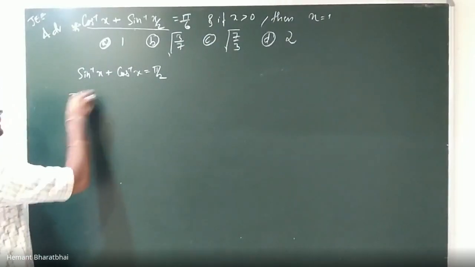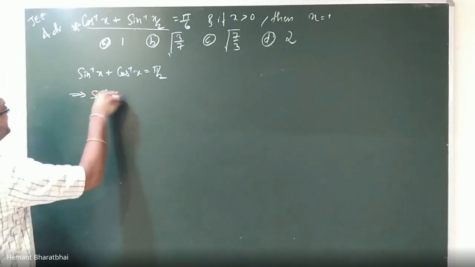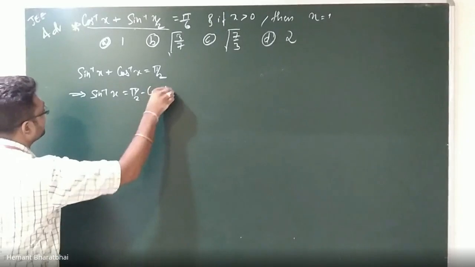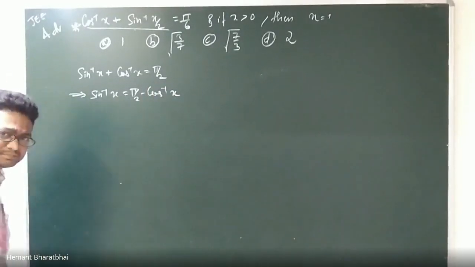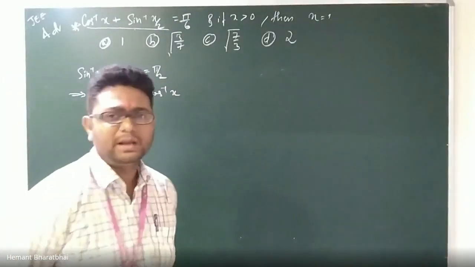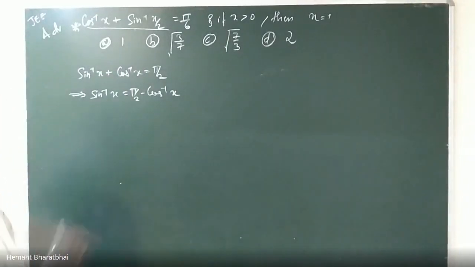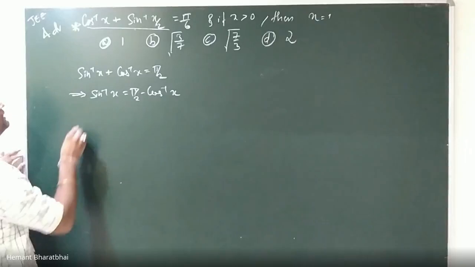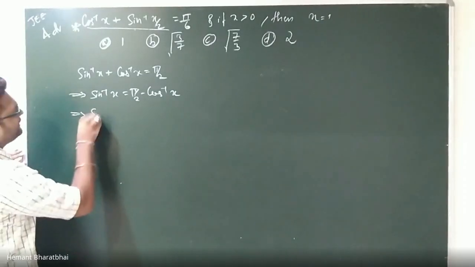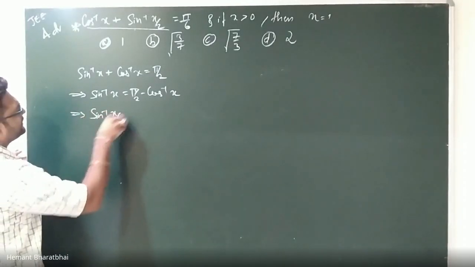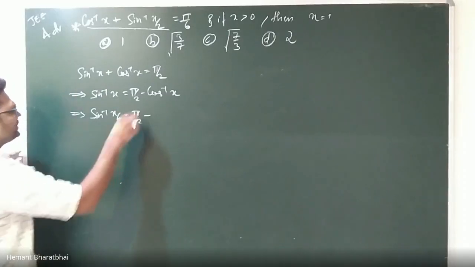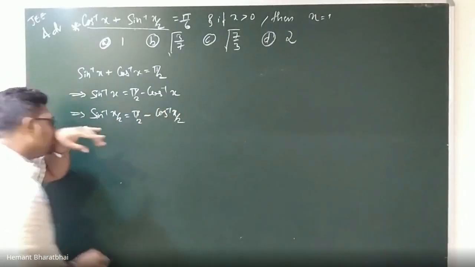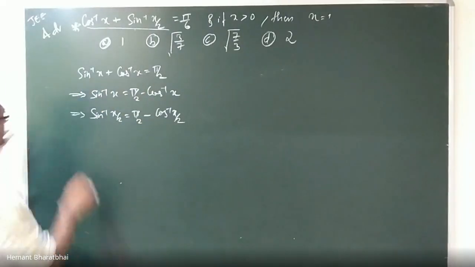So from here I can write sin inverse of x is equal to pi by 2 minus cos inverse of x. So for x by 2, I can write sin inverse of x by 2 is equal to pi by 2 minus cos inverse of x by 2. This is what I'm going to write over here.